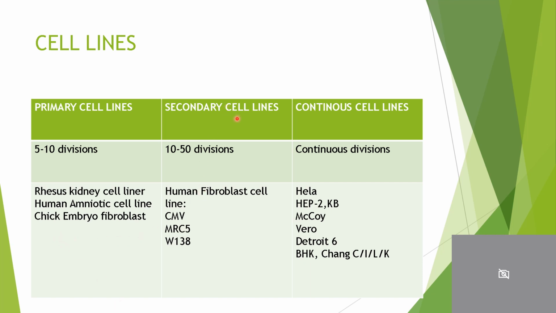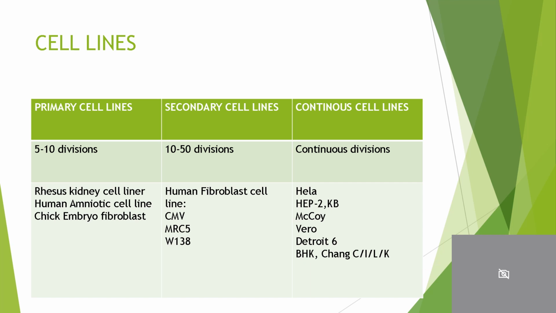Then under the secondary cell lines, we have the human fibroblast cell lines, in which we have CMV, MRC5, W138. And lastly, the continuous cell line, which has HeLa, Hep2, KB, McCoy, Vero, Detroit 6, BHK, Chang C1LK. Okay, they all come under this.